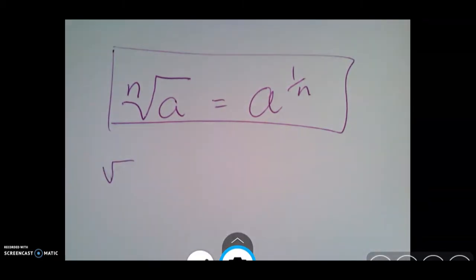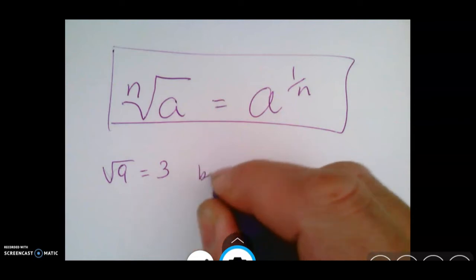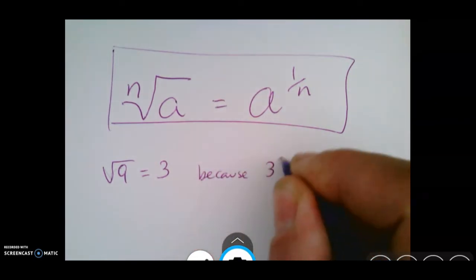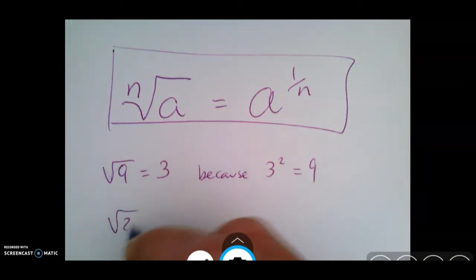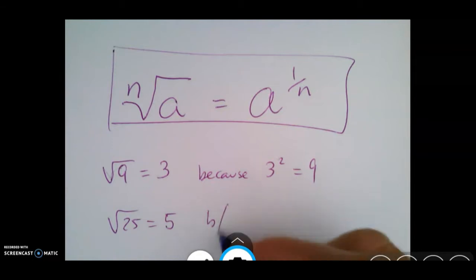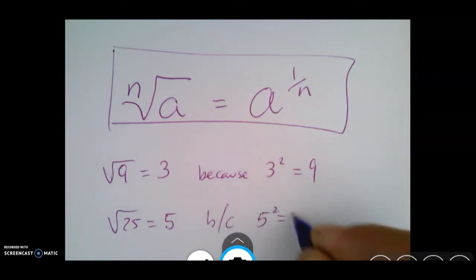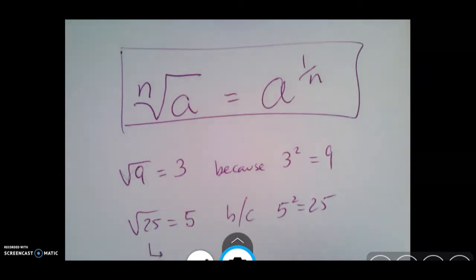You already know how to do square roots. The square root of 9 is 3 because 3 squared is 9. The square root of 25 is 5 because 5 squared is 25. Now, we don't really usually write this in between step, but let's do this.